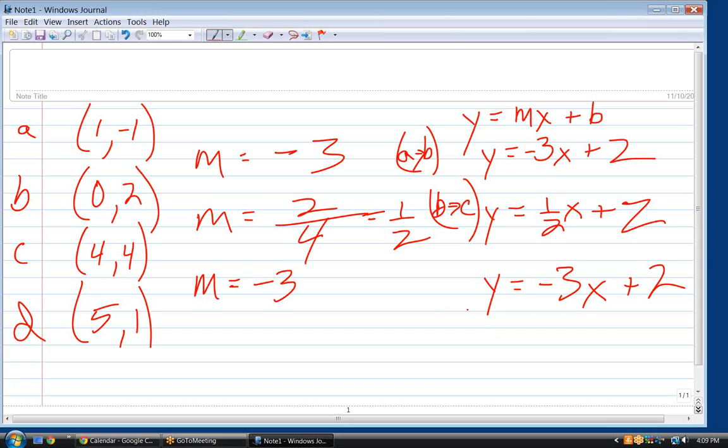Give me a point. 4 and 4. So 4 equals -3 times 4 plus b. I didn't mean to write 2 there. We had so many 2's that I was thinking in my head 2, but I didn't mean to write it. So what's b equal to?